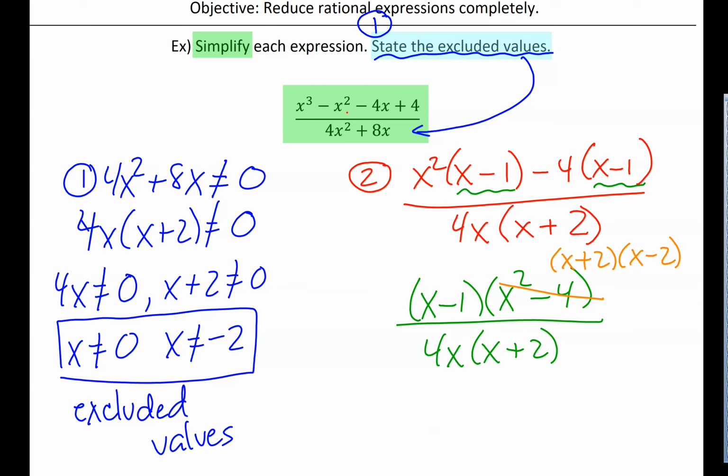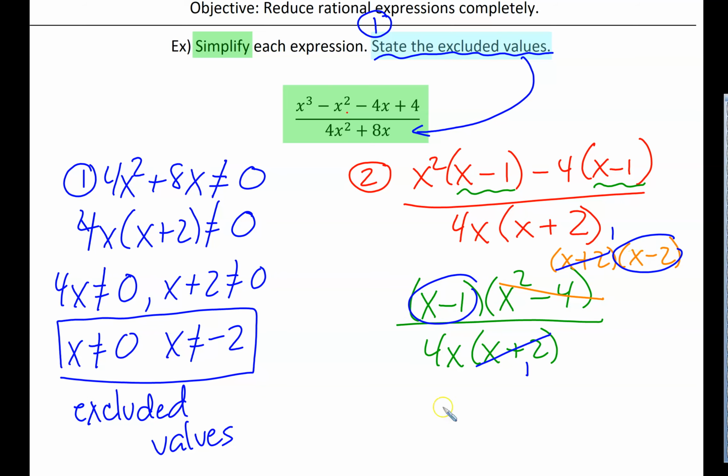And so now I'm looking at reducing my common factors. So I have a common factor here of x plus 2, and those will reduce to 1. With the 4, there's no GCF that involves a common factor with 4 nor with x. So what I have here now that remains is an x minus 1 times an x minus 2.